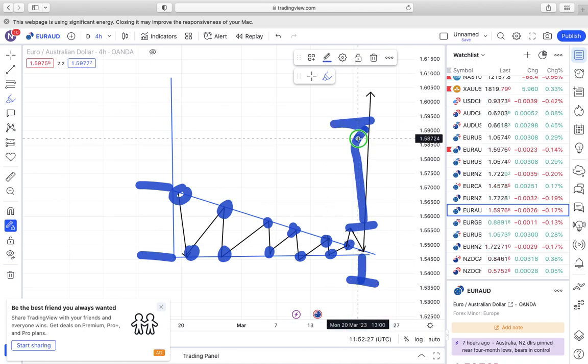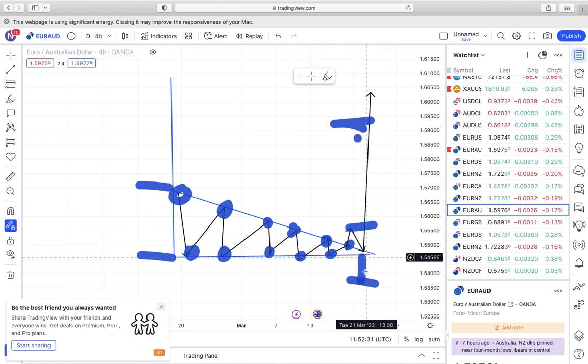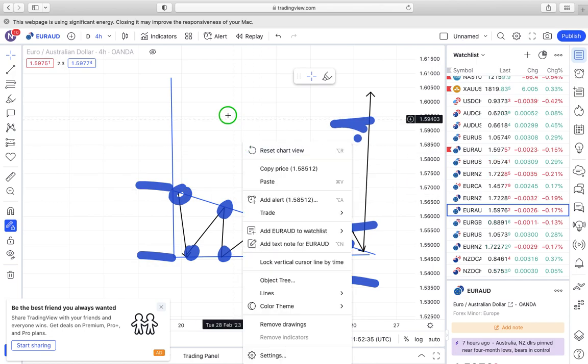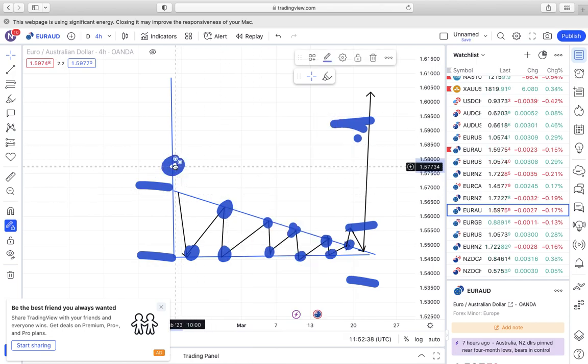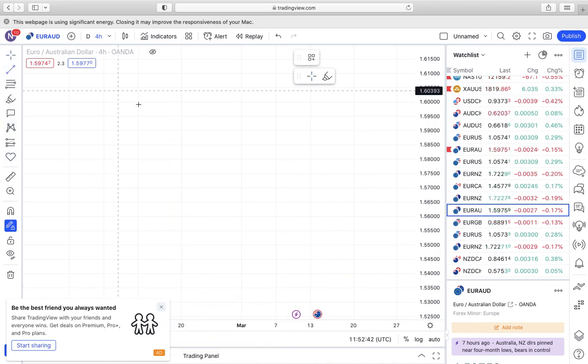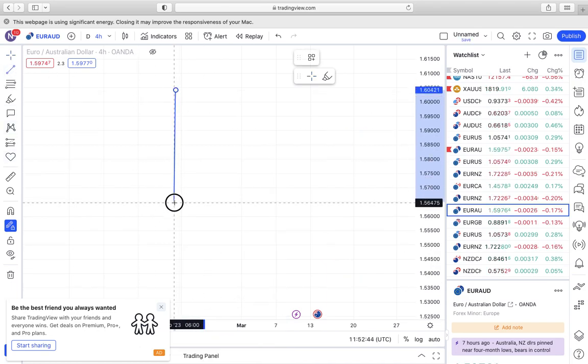We can also trade the bearish breakout. Let us move this. Let us trade the bearish breakout.